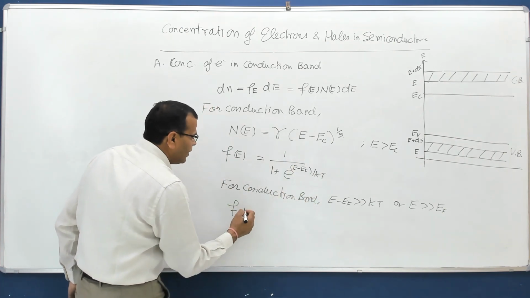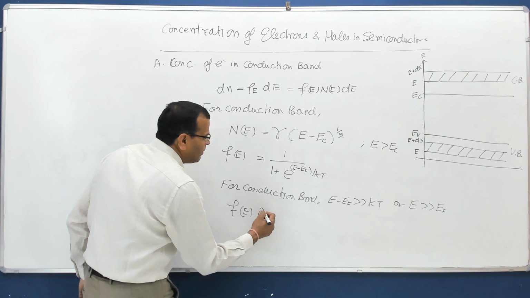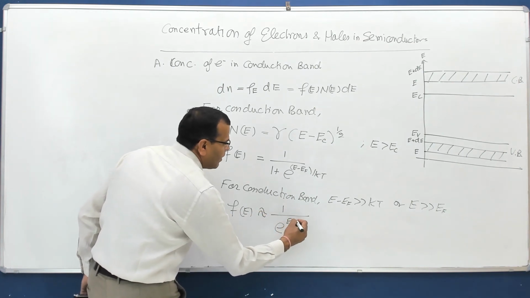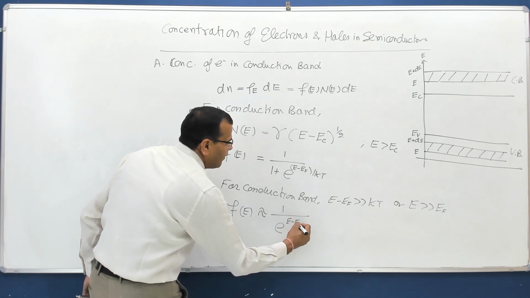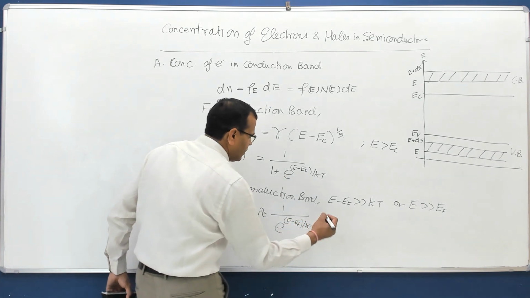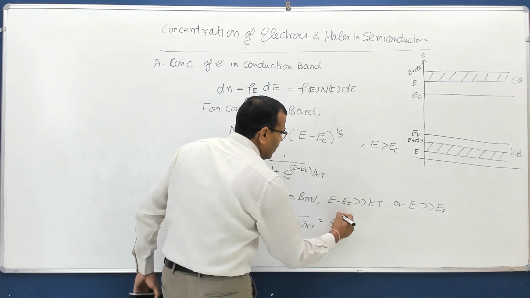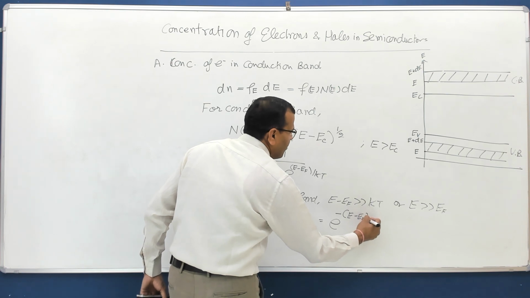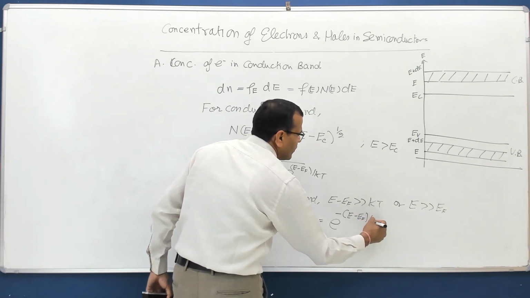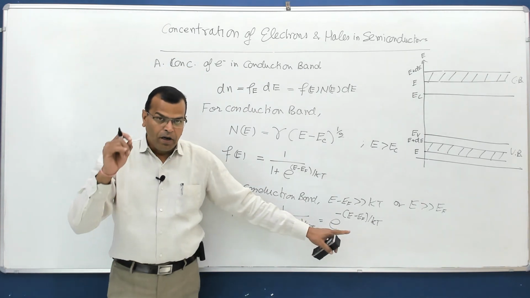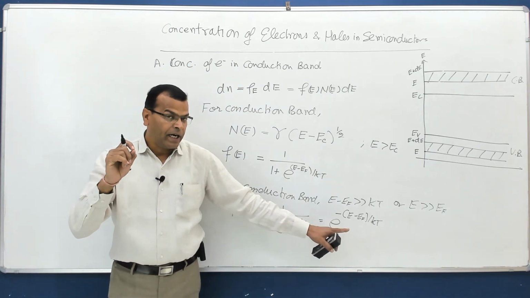So Fe will be approximately equal to 1 by e raised to the power (E minus EF) by KT, or I can rewrite it as e raised to the power minus (E minus EF) by KT. Fine. So that is your Fermi-Dirac function for the conduction band.